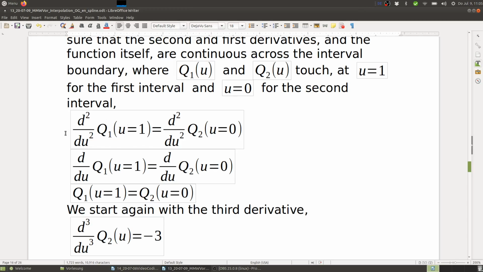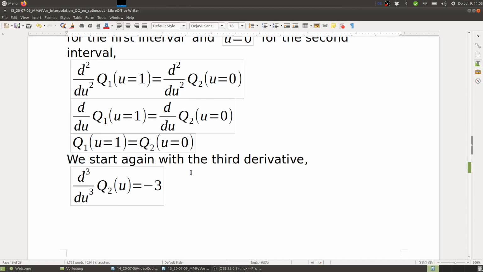So that means the second derivative of q1 at position u equals 1 needs to be equal to the second derivative of q2 of the second interval at u equals 0. Similar for the first derivative and for the function itself. So we need to make sure that we have those continuities.